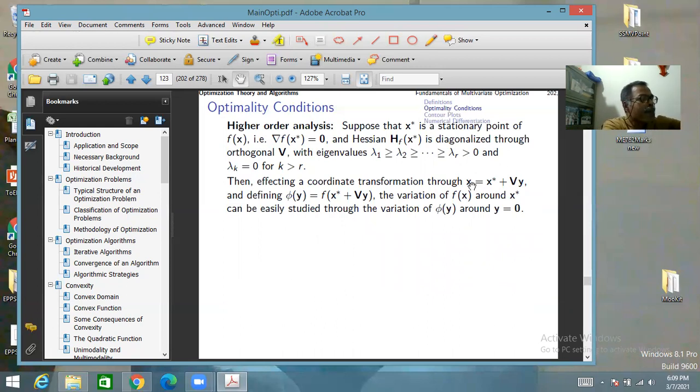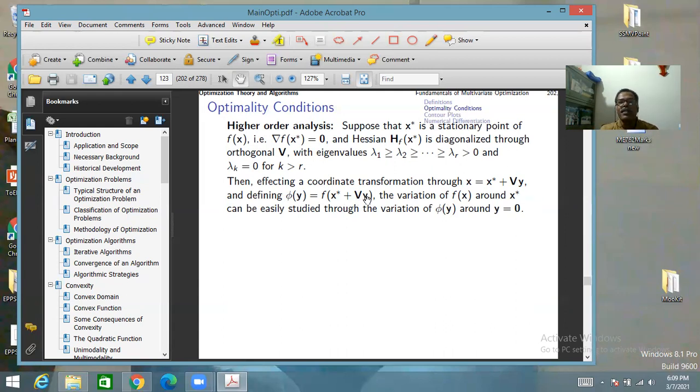But now it is a function of y. So call it phi of y. Now, the variation of the function around x star, if you want to study that, then you fix x star because you know that, V because you have determined that, and now around x star you change x.